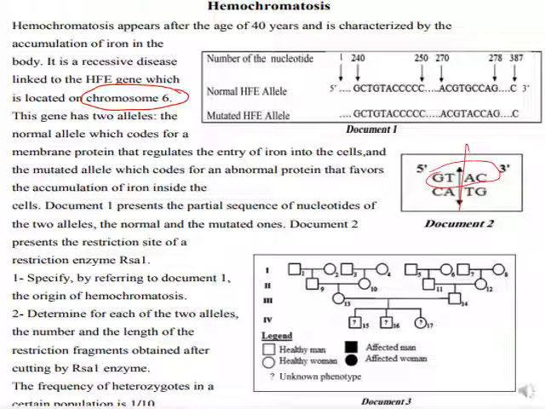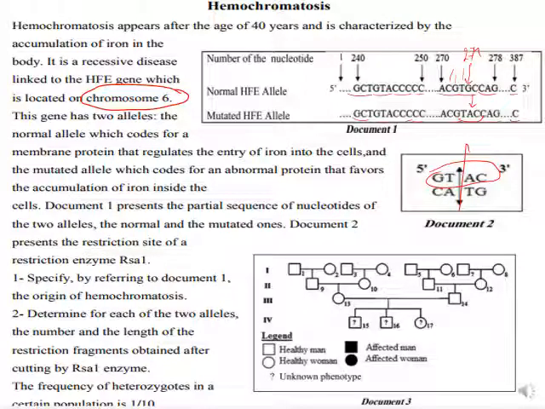You see here we have GCT, GTA, CCC, CC, ACG, TGC, and here TAC. So here is the difference at this nucleotide, at positions 270, 271, 272, 273, and 274, CAG and CC.